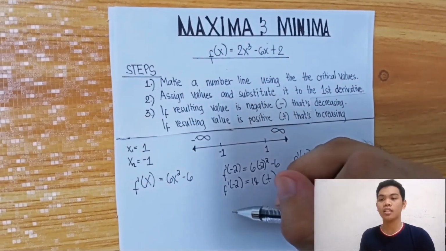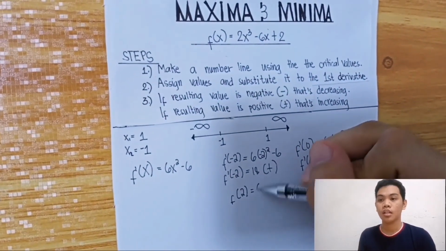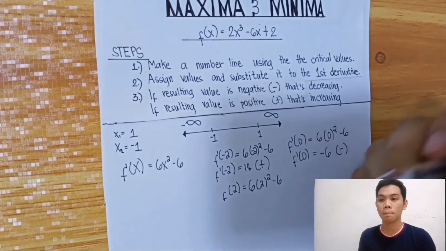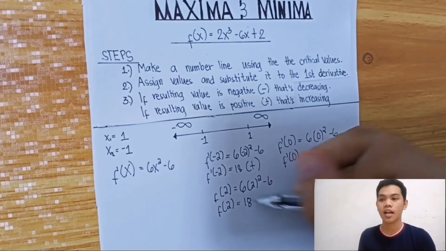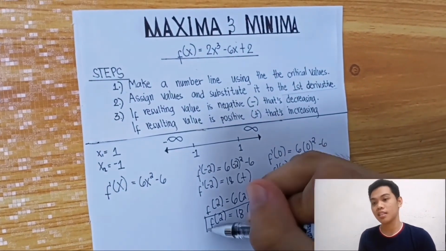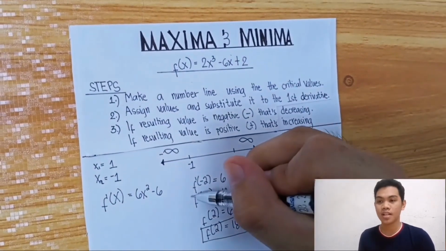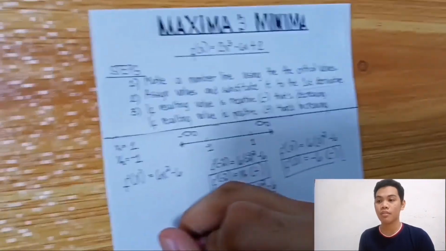Then on that last area, let's say positive 2. Substitute to the x again, and we get positive 18. Again, that's positive, that's increasing. So positive, then negative, then another positive. Therefore, these are the intervals of our function.